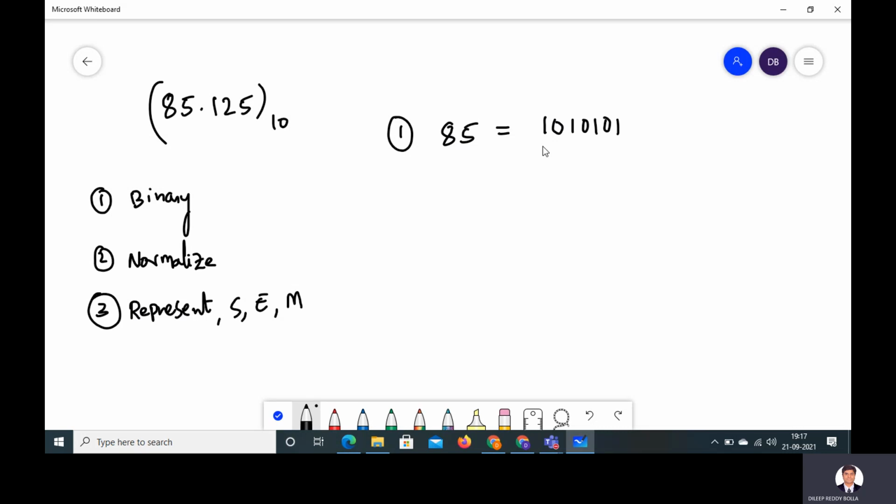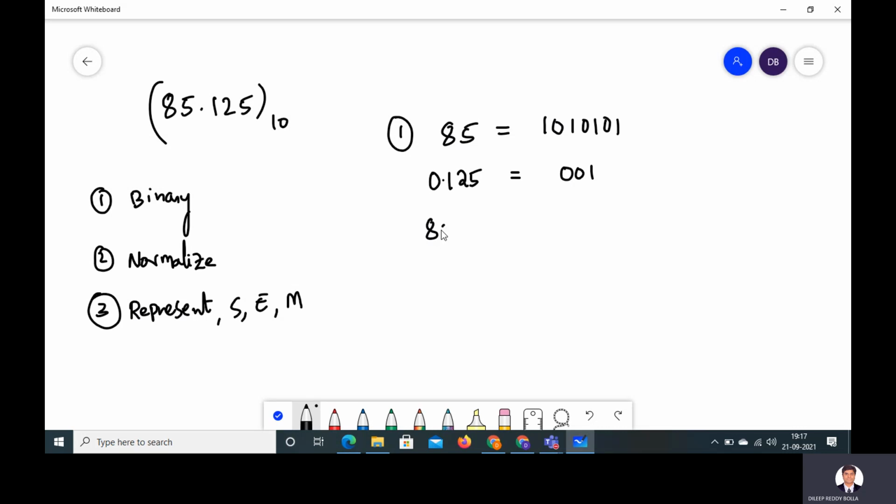As we have discussed already, I am not repeating it; if you have any doubt, go through that process. Similarly, for 0.125, if you multiply by 2 continuously, we get 001. These are the equivalent binary values.